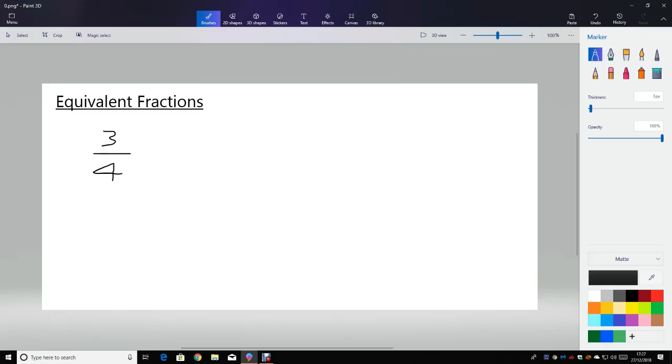Now if we were to multiply the denominator of the fraction, which is the 4 here, by say 4, and we are to multiply the numerator, which is the top bit of the fraction, by 4, we will get another fraction which will be 4 times 4, which is 16, and 3 times 4, which is 12. So what we have here is that 3/4 is exactly the same as 12/16, i.e. 3/4 is equivalent to 12/16.